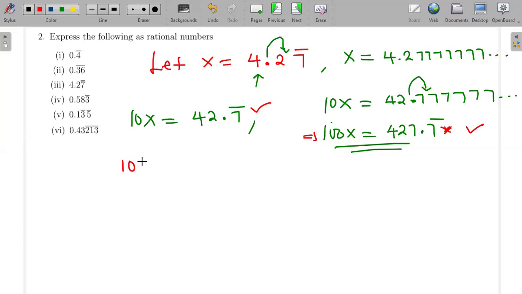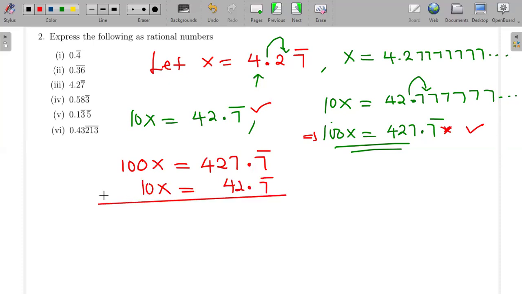So it will be 100x is equals to 427.7 bar. Then this one is 10x is equals to 42.7 bar. And then I'm just going to subtract. You see that after the decimal point, 7 bar and 7 bar cancel out.